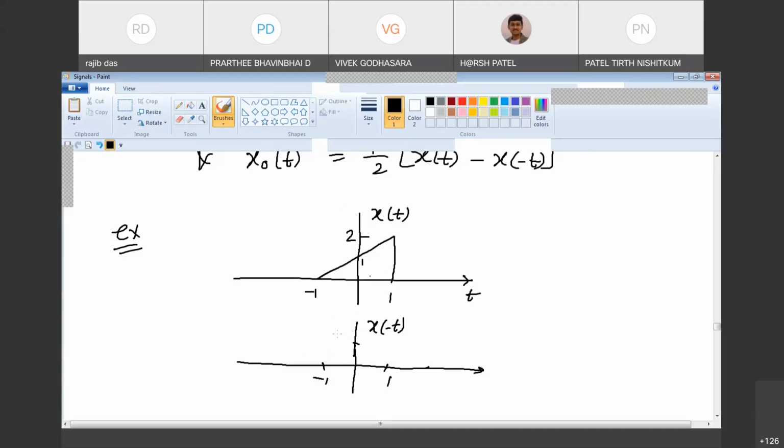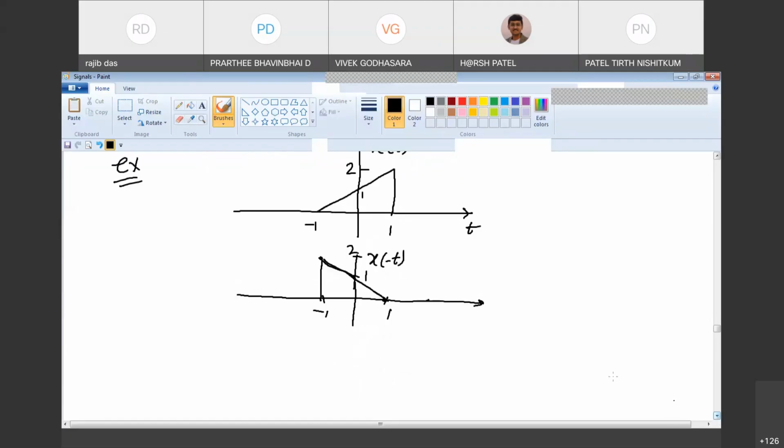At +1 it is this 2, so its value is 2 here, and at this point it is 0. Now I can simply join. Is it correct? This is your x of minus t, just a folding with respect to the y-axis. Its magnitude is again 2 and this is 1.